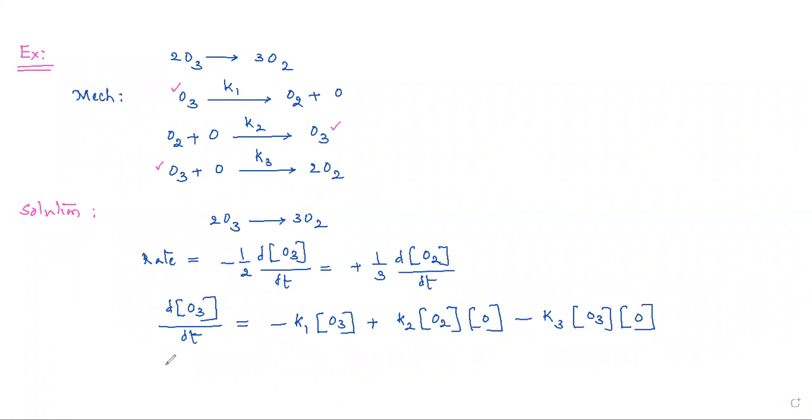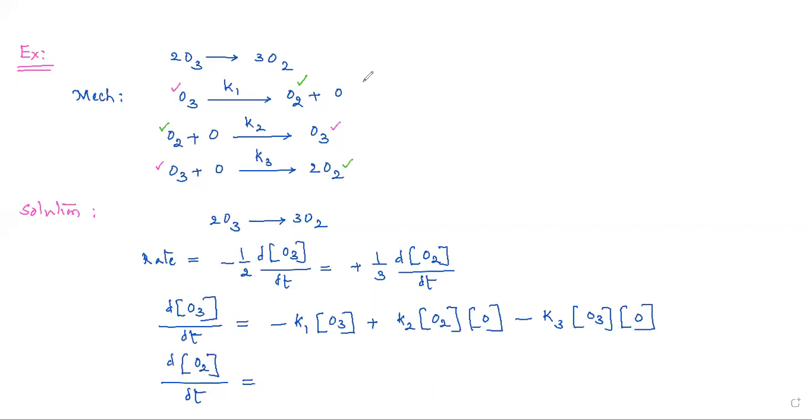Now let us take oxygen into consideration. I mean d concentration of O2 by dt. Come on. O2 in the first step is being formed, even in the third step. But in the second step, it is being reacted, or it is undergoing a reaction with the nascent oxygen. I mean the intermediate, isn't it? Nascent oxygen is the intermediate here.